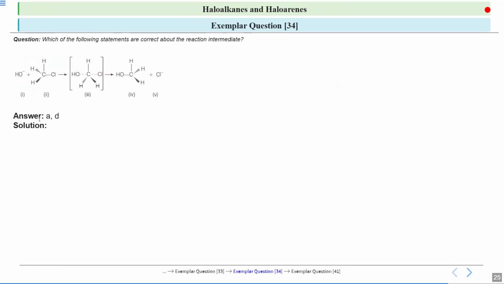So for this question, the correct statement containing options are A and D both. So OH minus here, that is first, will act as a nucleophile.